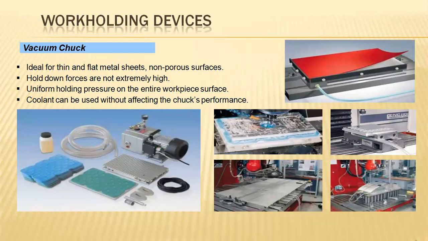Coming to the vacuum chuck, it is ideal for thin and flat metal sheets, the non-porous surfaces, the hold down forces not extremely high, but having capability of lifting to some extent, but not a maximum high provision.